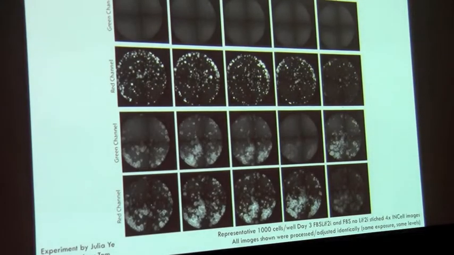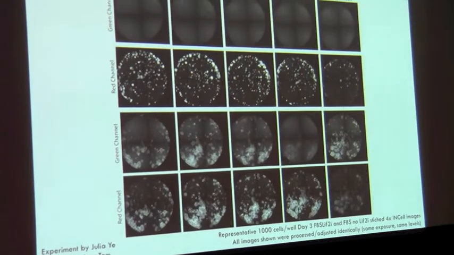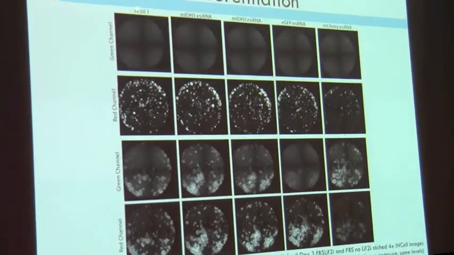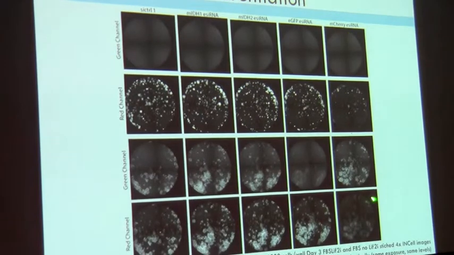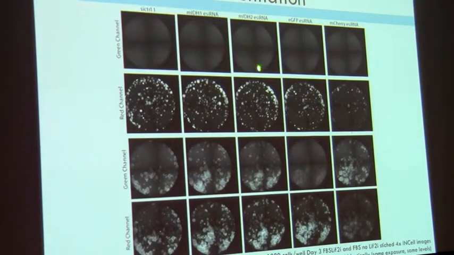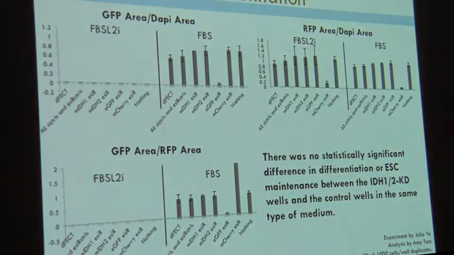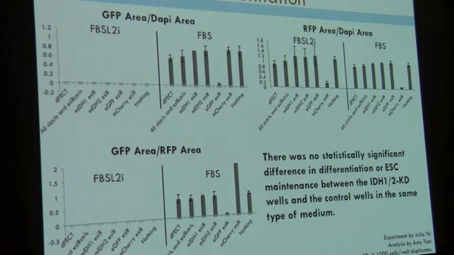A second experiment we did, or rather Julia did, was testing the effects of IDH1 and 2 knockdown in ES cell maintenance and in ES cell differentiation. These are representative images of knockdown controls and IDH1 and 2 knockdown in ES cell maintenance and in ES cell differentiation. I calculated ratios of green fluorescence area to cell area, red fluorescence area to cell area, and green fluorescence to red fluorescence.